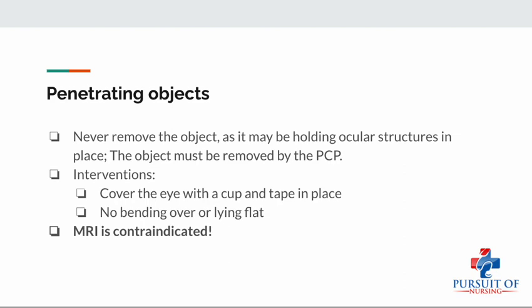You want to cover the eye, usually with a cup, and tape it in place. You do not lie the patient flat or bend them over, as that's going to increase intraocular pressure. An MRI is contraindicated in this patient because there's a potential for that object containing metal, and you don't want that metal to move during an MRI.